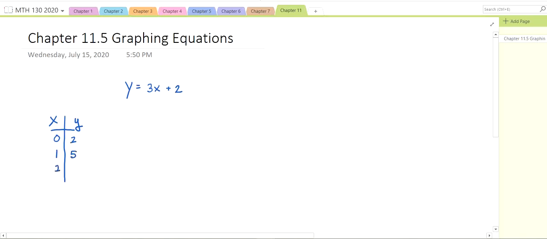When x equals 2, we've got 2 times 3 is 6, plus 2 is 8. y equals 8. Let's do a negative number. When x equals minus 1, just to see what happens here, this is minus 3, plus 2 is y equals minus 1. And I'll write the equation that I used out real quick there.